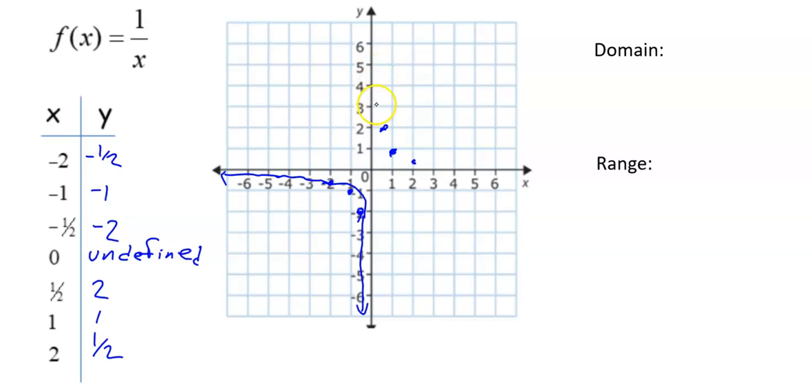And this graph, we're going to start up here. It's going to be very close to the y-axis, x equals 0. It's going to turn. We're decreasing continuously. We're getting closer and closer to the x-axis, but never touching it because those are my asymptotes.